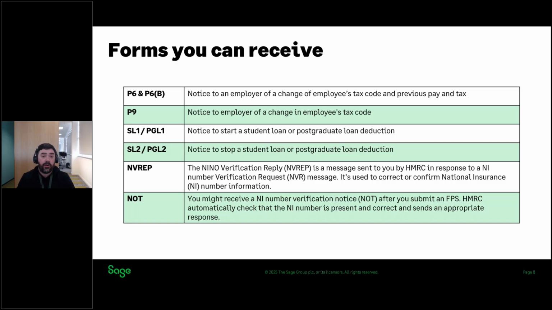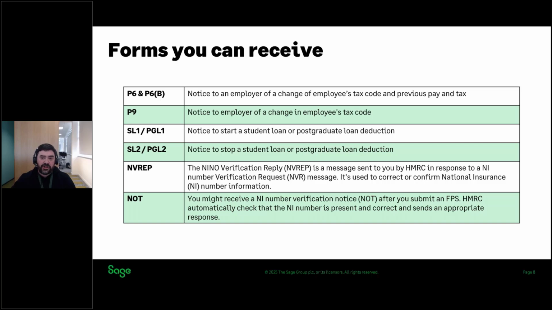So you can get a reply that will confirm a National Insurance number that you're using, or another notice in response to an FPS if an NI number might need changing. So those are examples of forms you can receive. We're going to focus on the tax code and student loan notices, and these can then be retrieved directly into your payroll software.